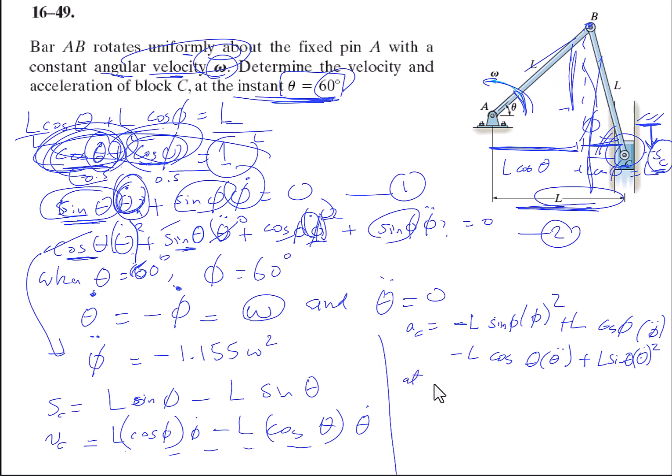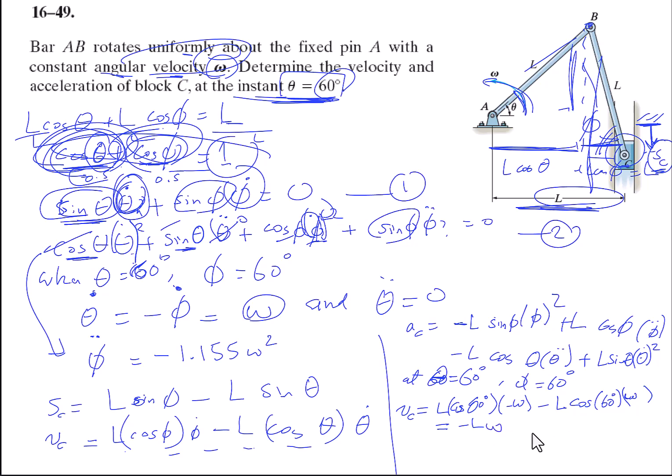So at this instant, when theta is equal to 60 and phi is equal to 60 degrees, you evaluate all of these and you'll get that the velocity of C is equal to L cosine 60 times minus omega minus L cosine 60 times omega, this is equal to minus L omega.